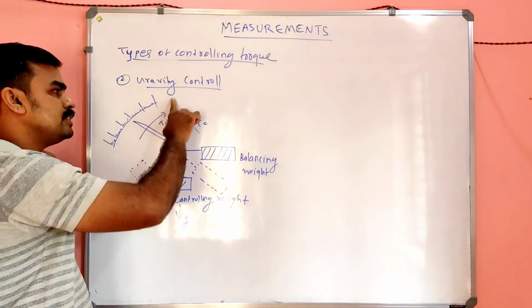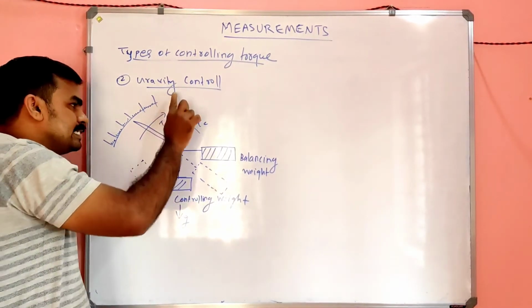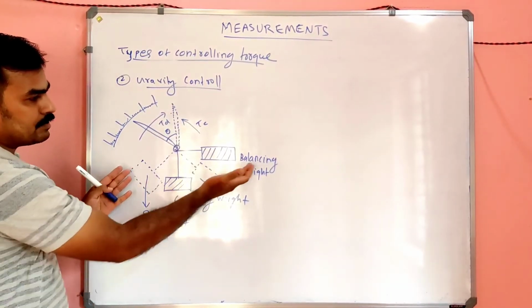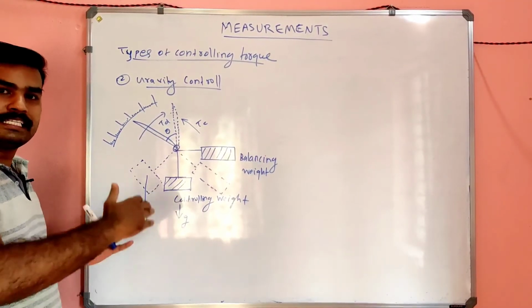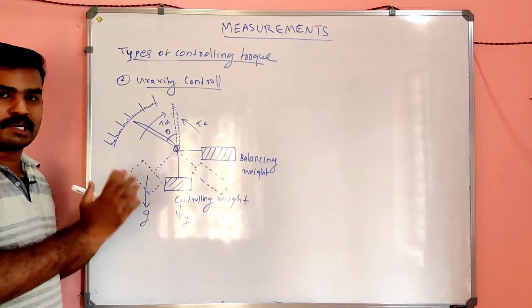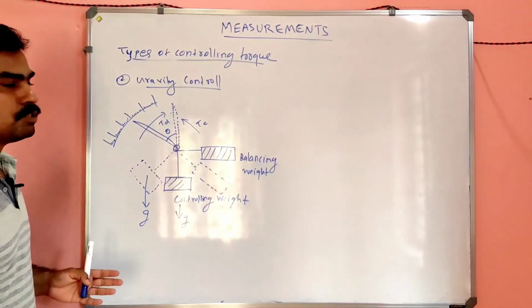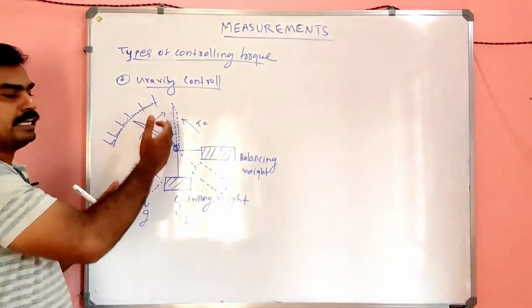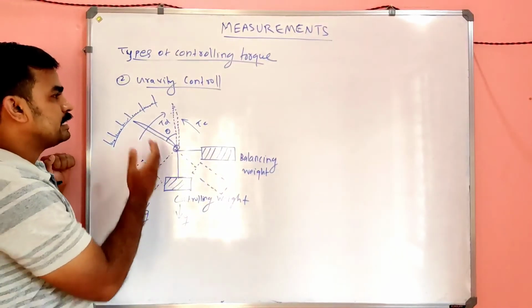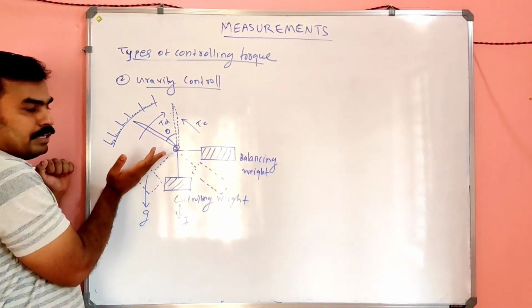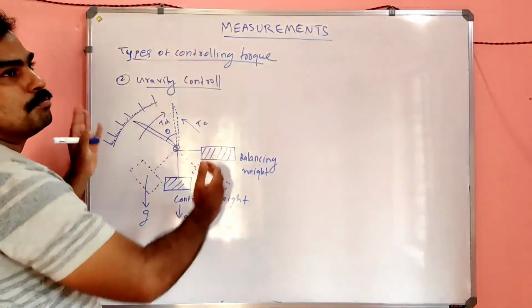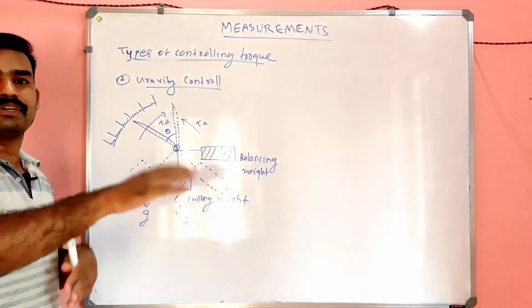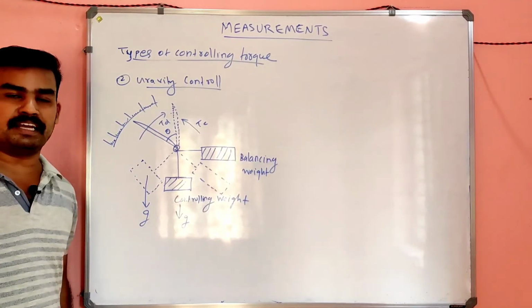At steady state, the controlling weight and balancing weight balance each other. The condition TD is equal to TC is again applied here. The deflecting torque will be equal to the controlling torque, and only then will you get a reading. So it slides again to balance itself if you remove the quantity that we applied.